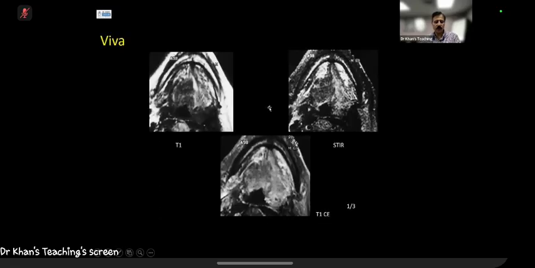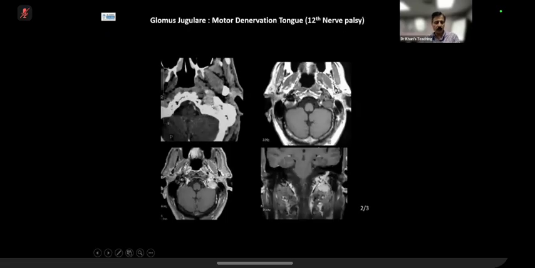So this is just a revision. And please remember, if abnormal signal of the tongue is there, the next question will be, what will you do? You will say that I want to see the whole of the neck till the base of skull, because the lesion might be sitting at, let's say, the jugular foramen, where it is infiltrating the hypoglossal nerve.